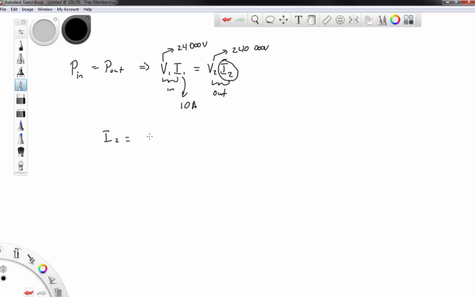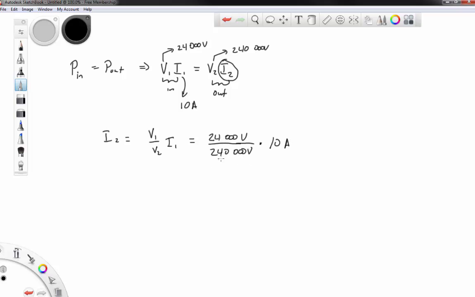So solve the equation for the output current. I2 should be V1 over V2 times I1, and so that is 24,000 divided by 240,000 volts times 10 amps.